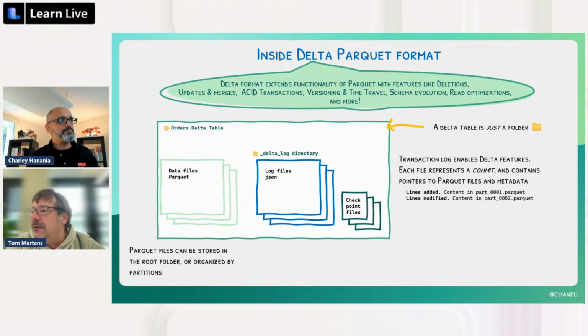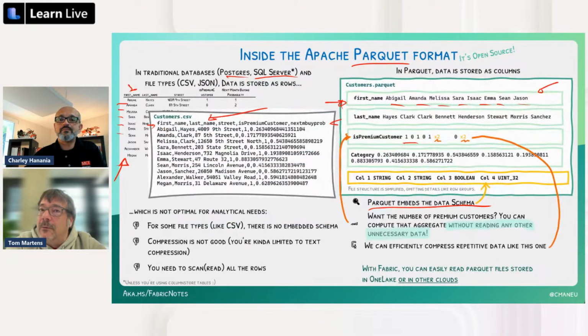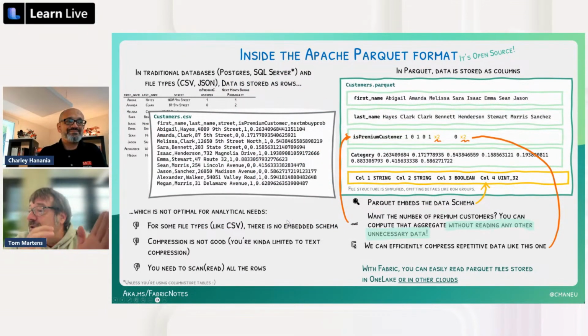We still have this Parquet format, and with all this data on top of Parquet, we now have a columnar format that is supporting the relational ACID transaction system. This is coming with Delta Parquet or Delta tables, whatever it's sometimes called.